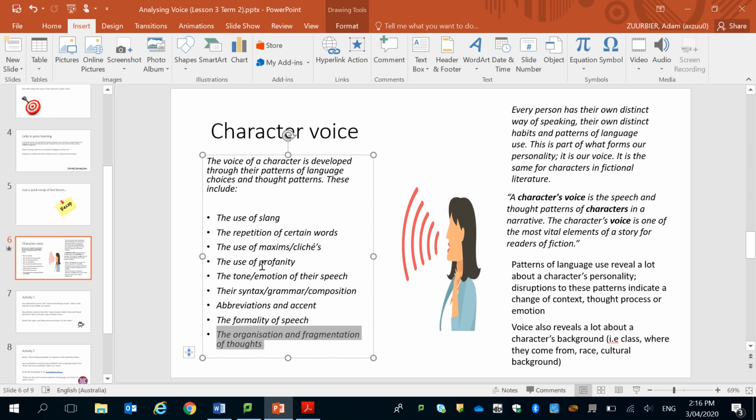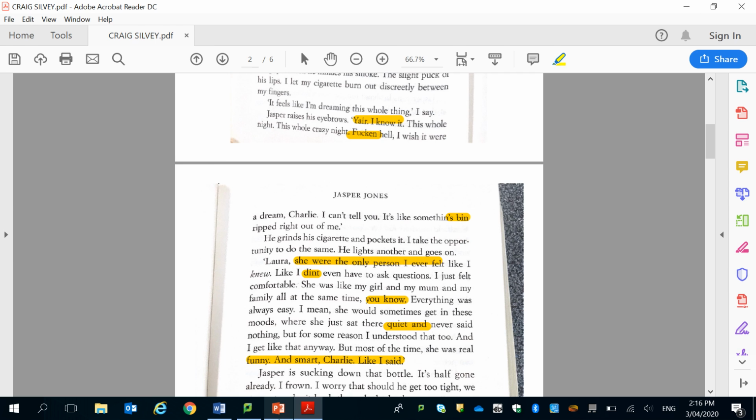Okay, so that is a pattern of language use that is about his syntax or his grammar, the way that he puts words together. And his grammar is not what you'd consider correct or accurate. Okay, and it's also a fragment there. So let's add that in there.